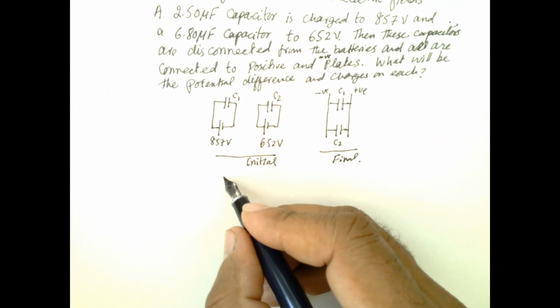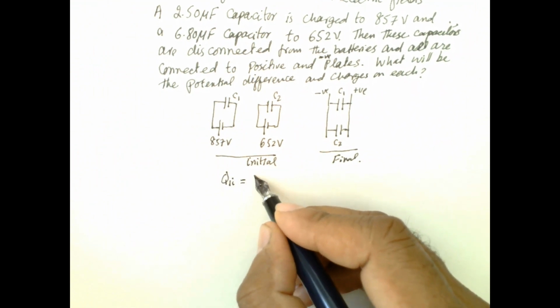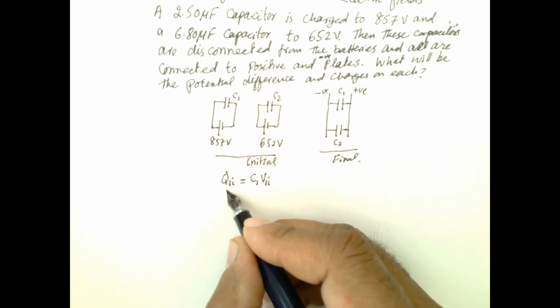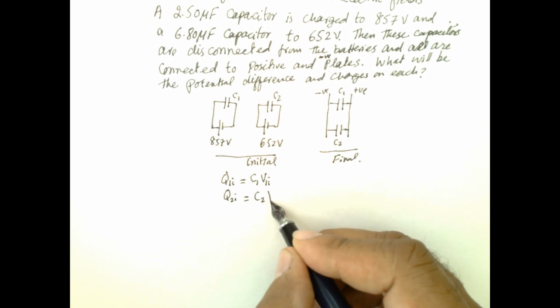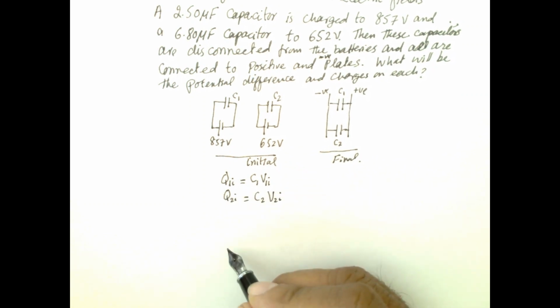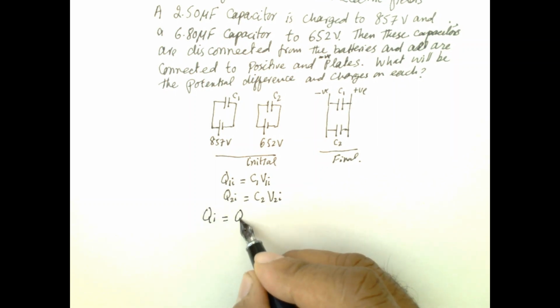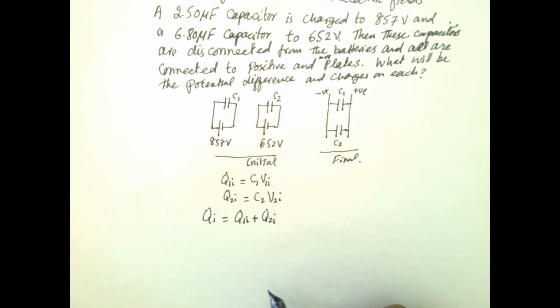So Q initial: Q1I is equal to C1 V1I, and Q2I is equal to C2 V2I, and the initial charge is equal to Q1I plus Q2I.